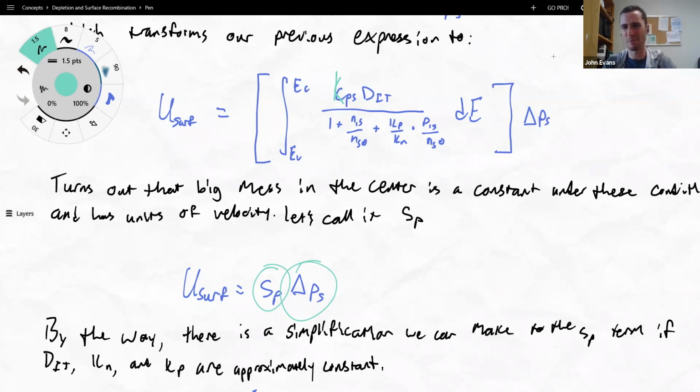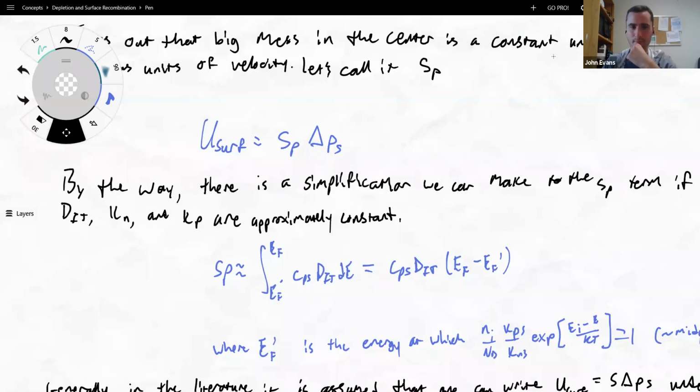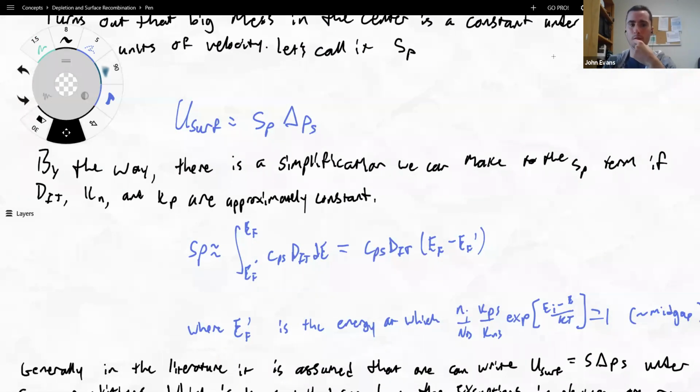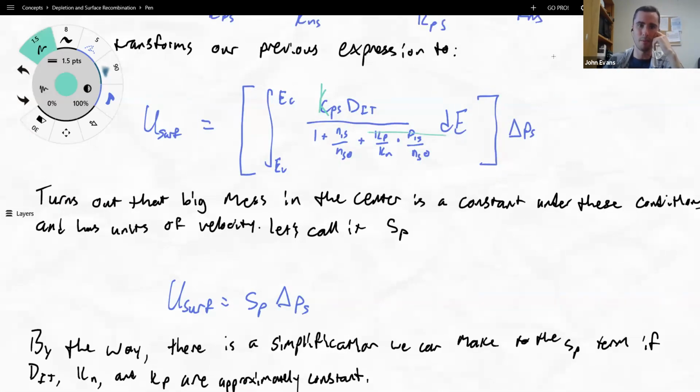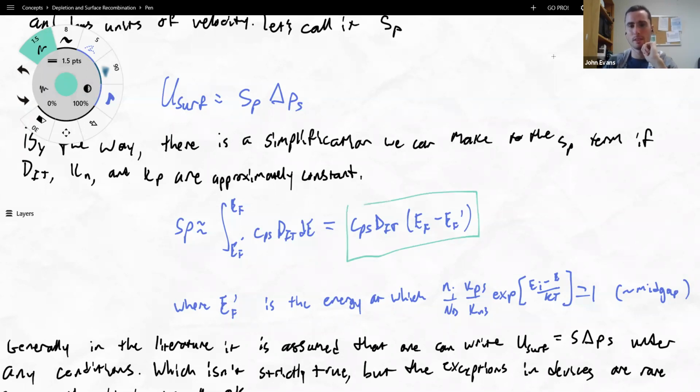There is also a simplification we can make to the SP term, just as a by-the-by sort of thing. If we assume that some of these parameters are approximately constant, we get this crazy little integral for SP, which we simplified down from the previous one. And it turns out that this would just evaluate to this expression here.